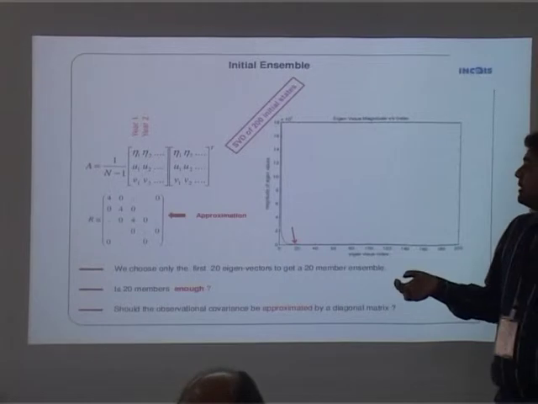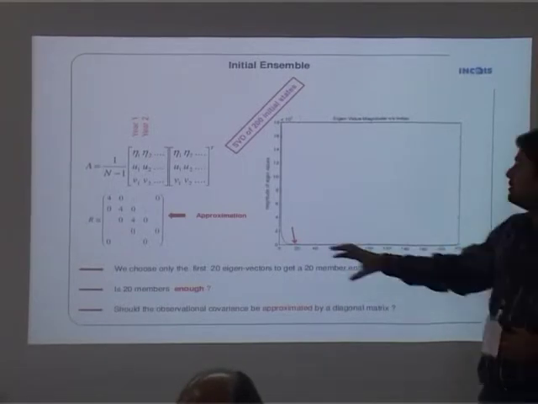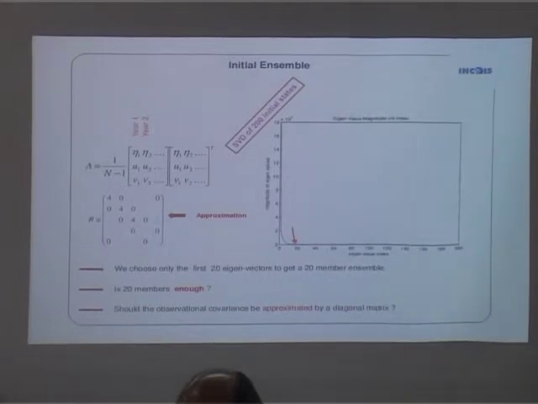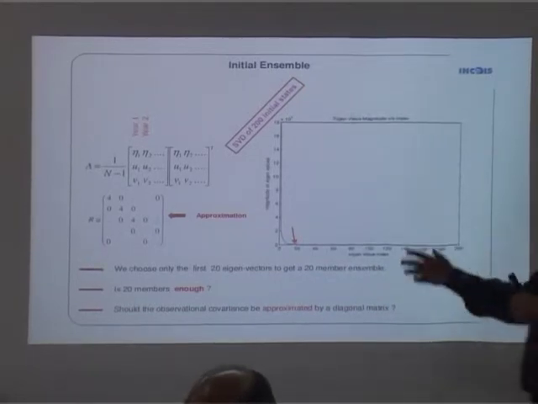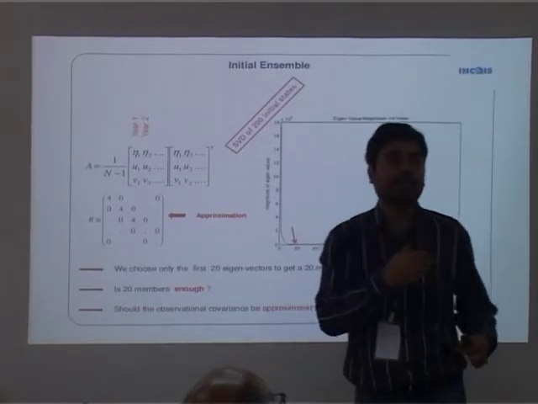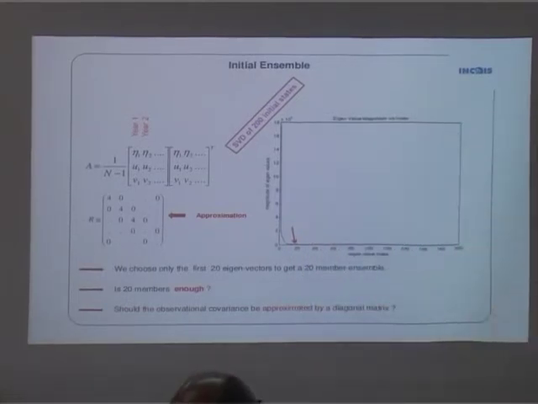So we decided to take just 20 eigenvalues, take the associated 20 eigenvectors, and perturb the mean state of the ocean with these 20 eigenvectors to generate 20 ensemble members.